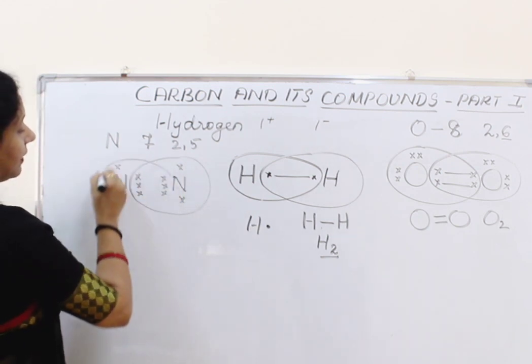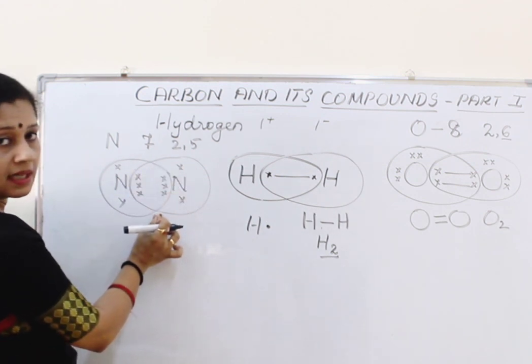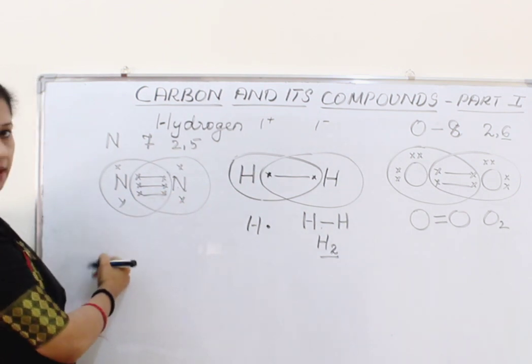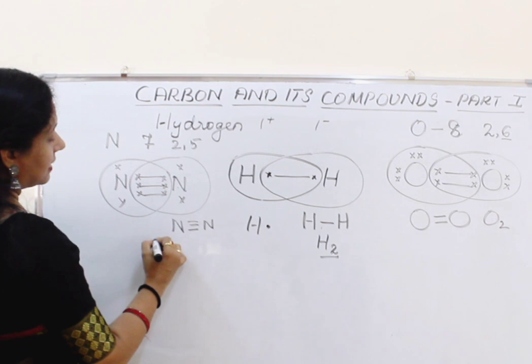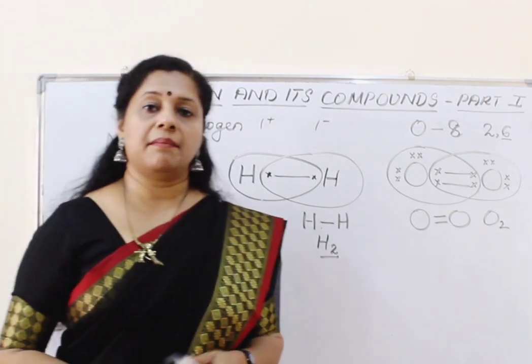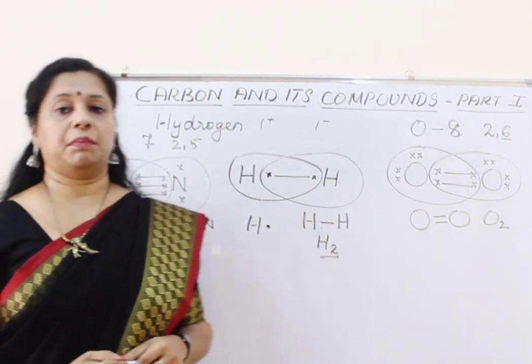This will also take from here, making it a total of 8. The shared ones will come in this overlapped region. So how many pairs of electrons are shared here? These are N triple bond N, and this is the N2 molecule. So covalent bonds can be of different types: single bond, double bond or triple bond.